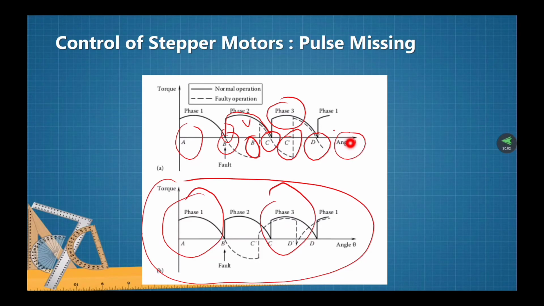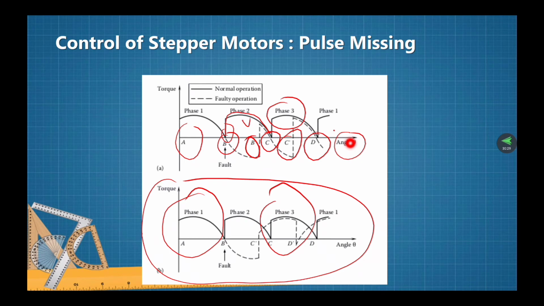But unlike in the previous case, because the translator assumed that pace 2 has been excited by the previous pulse, the subsequent pulse arrives at the point T' because of the slow speed of the motor.